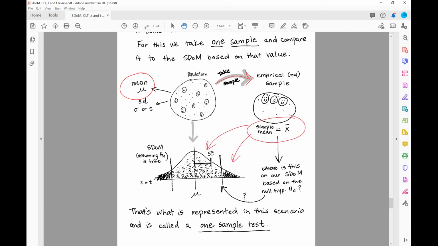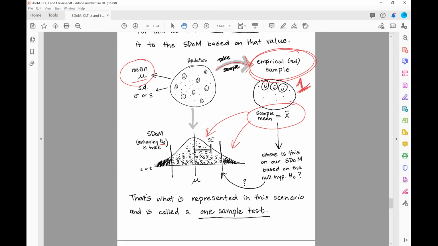Is it weird or not weird? This scenario that we've been describing is called a one sample test because we only have one sample. We take one sample, we compare it to our null hypothesis SDoM, and we draw a conclusion about our population mean based on this result.